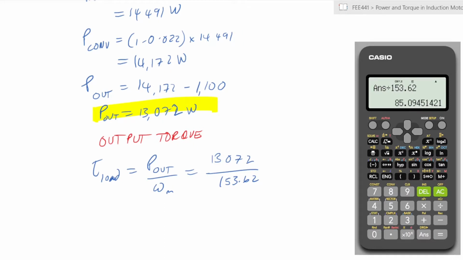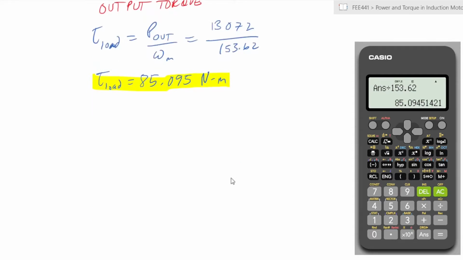So the load torque is equal to 85.095 Newton meters. That is the torque that is available at the shaft of the machine.